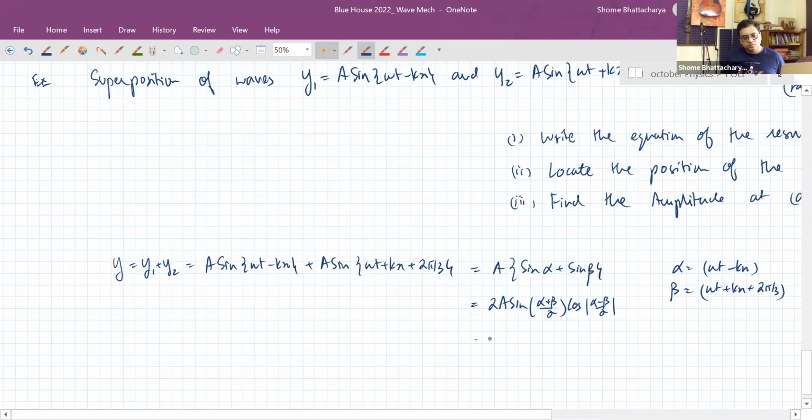So this will become 2a sine of omega t plus pi by 3, cos of kx plus pi by 3.